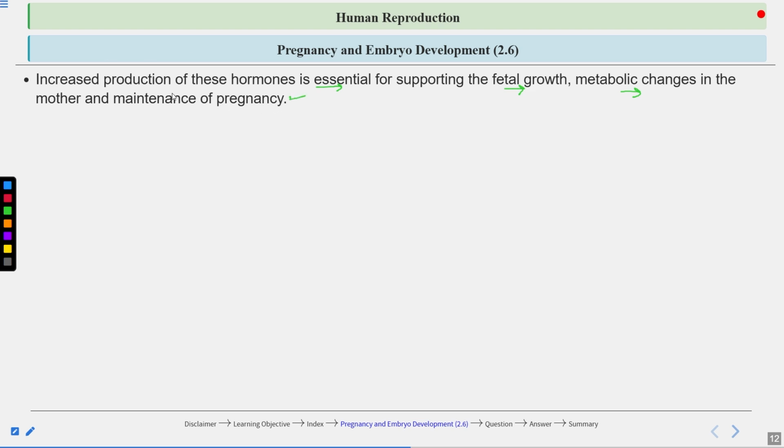So these are the overall functions, but I have also listed the individual functions of these hormones. All of these hormones are essential for supporting the fetal growth, metabolic changes in the mother, and they maintain the pregnancy.